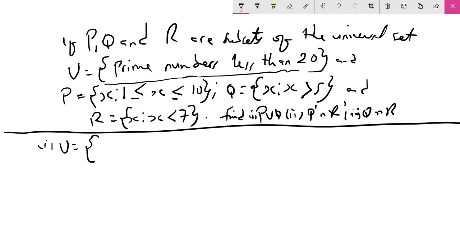So what are the prime numbers less than 20? We have 2, 3, 5, 7, 11, 13, 17, and 19.